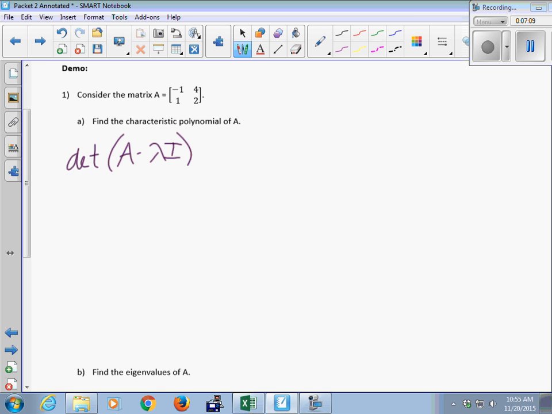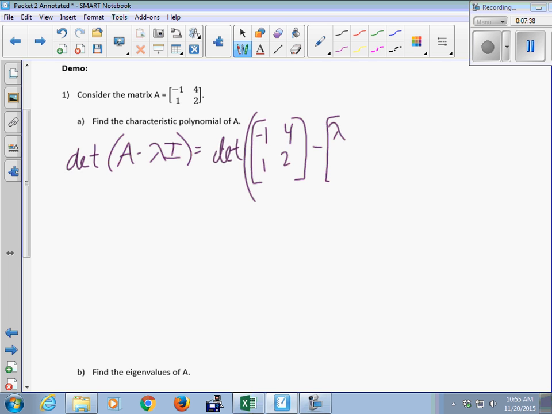So plug in A, right? So I have the determinant of A, which is just my 2 by 2 matrix, -1, 1, 4, 2, that's A, minus, what's lambda I? The identity matrix times lambda, so instead of ones, you put lambdas.